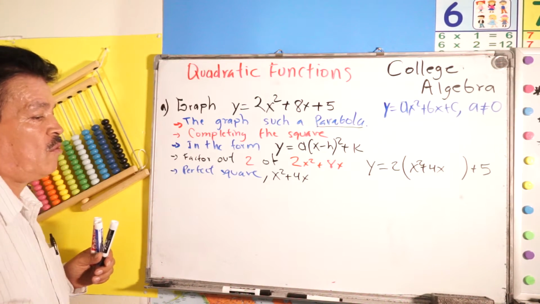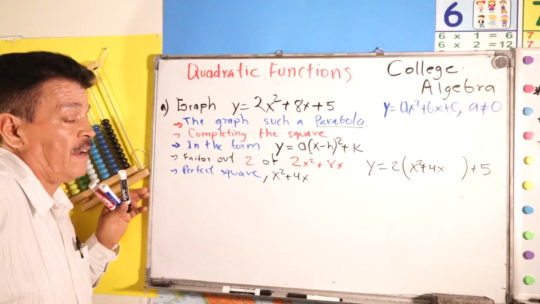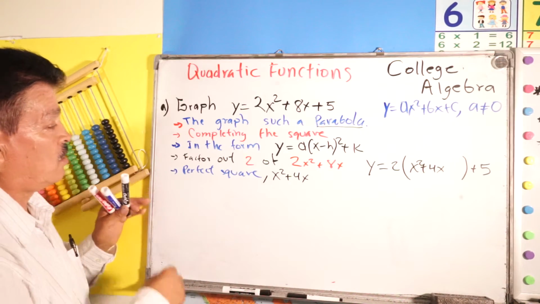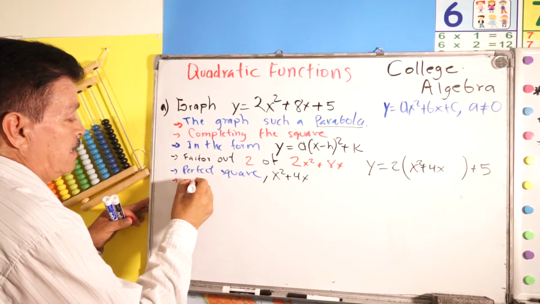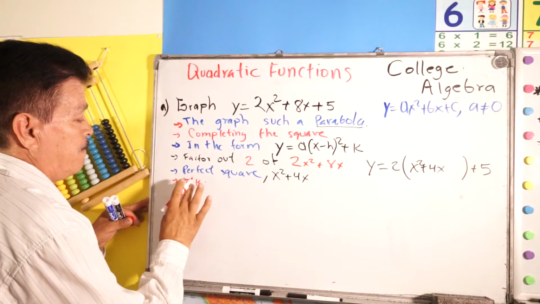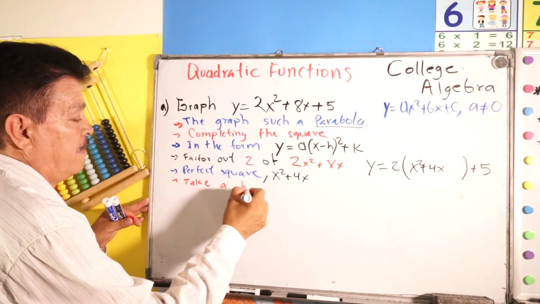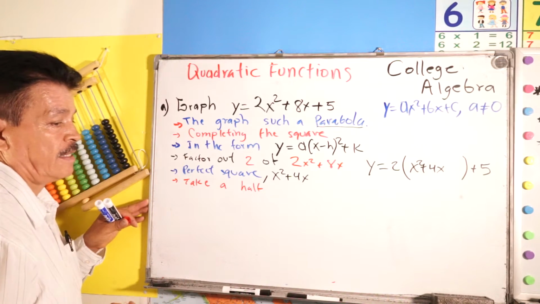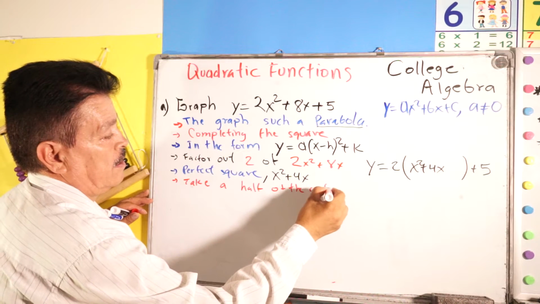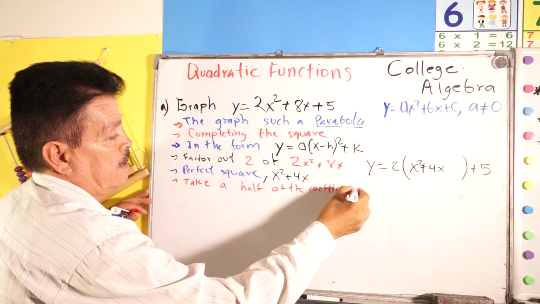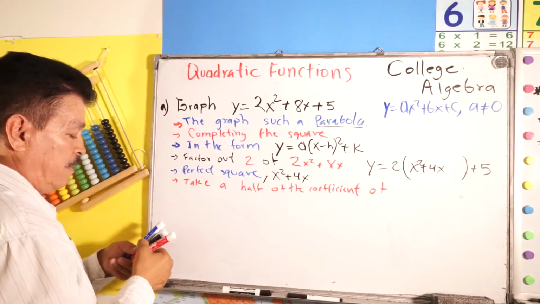To find this number, take half of the coefficient.